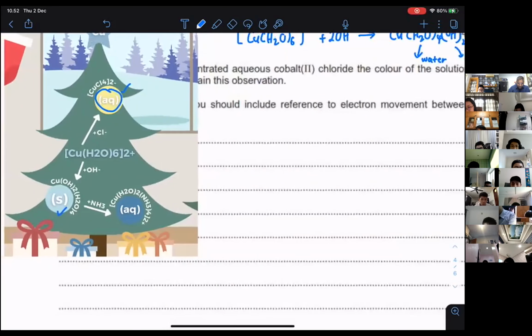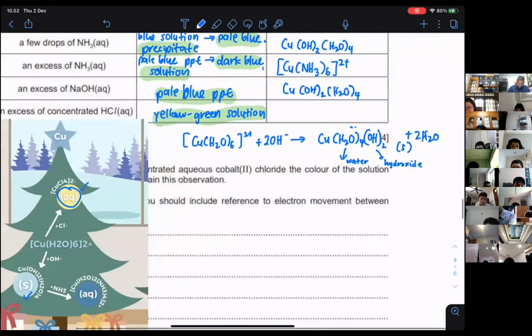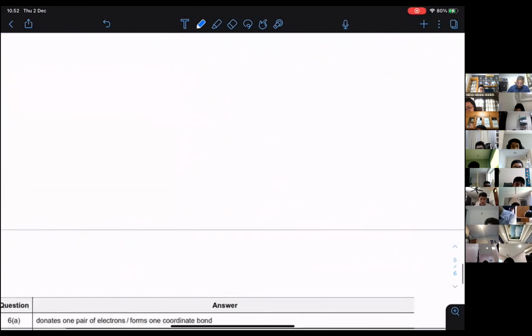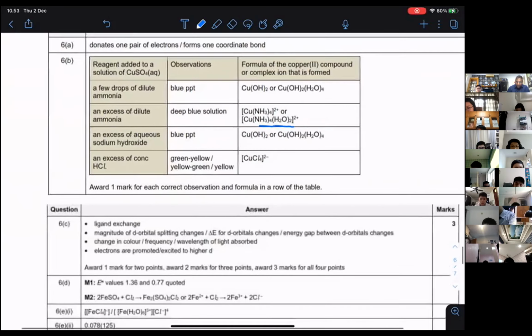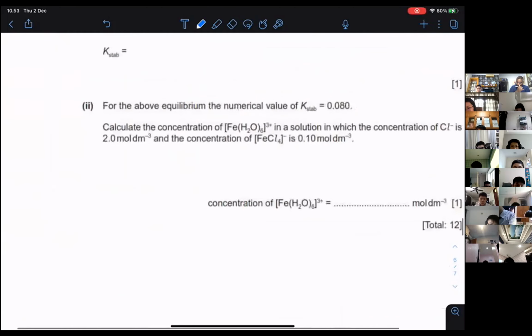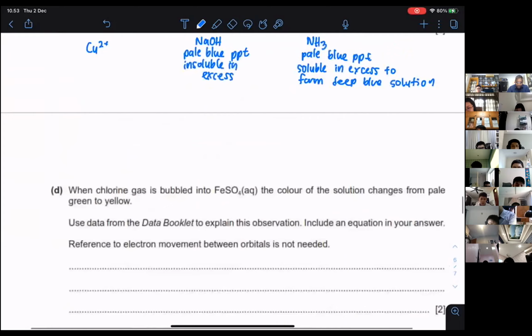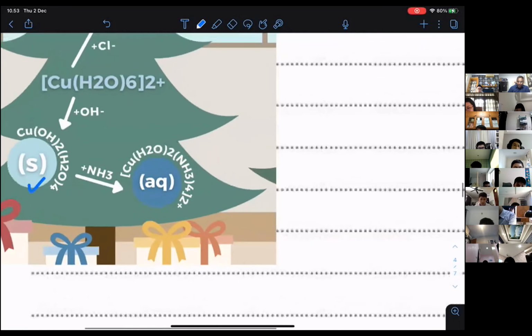Sorry, I think I'm wrong. Let me check. There will be presence of water. Sorry, so you follow this one, which is going to be ammonia. There are 2 waters there, and then the remaining will be ammonia.